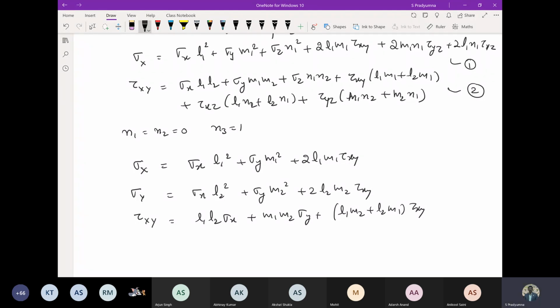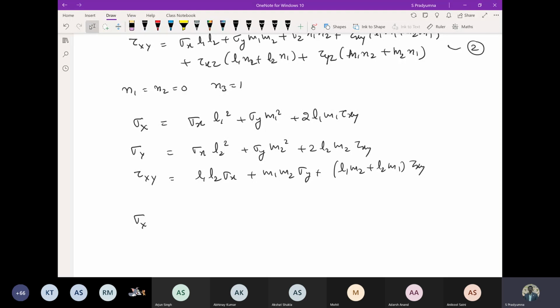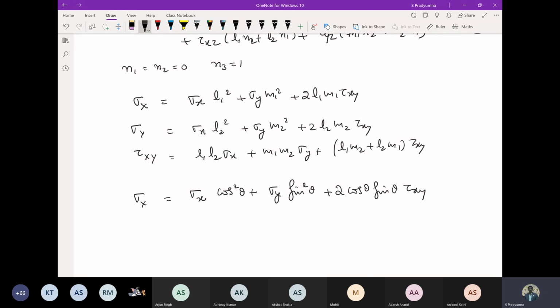I can substitute the value and say that L1 is equal to cos theta. I can write this as equal to sigma x cos square theta plus sigma y sin square theta plus 2 cos theta sin theta tau xy. I can simplify this by using the trigonometric relations.